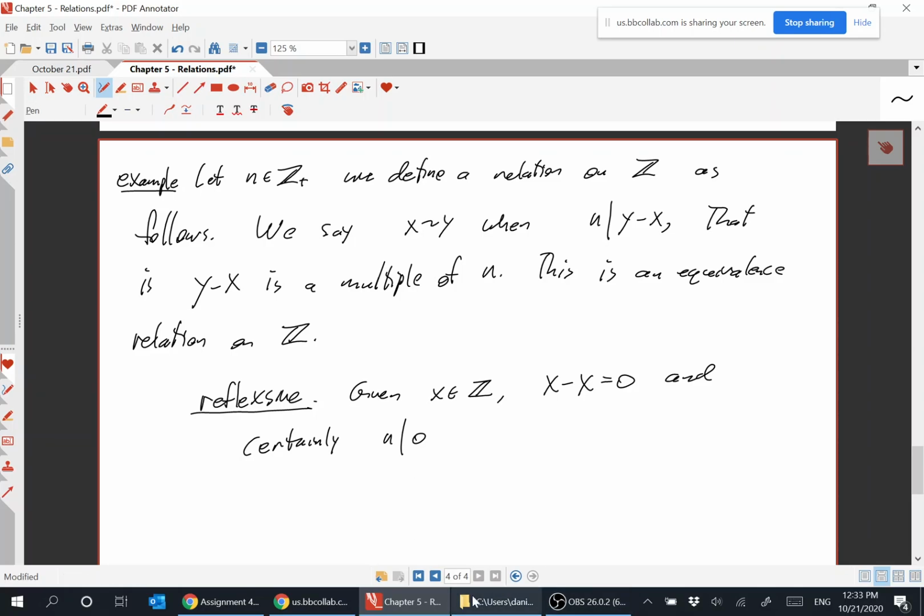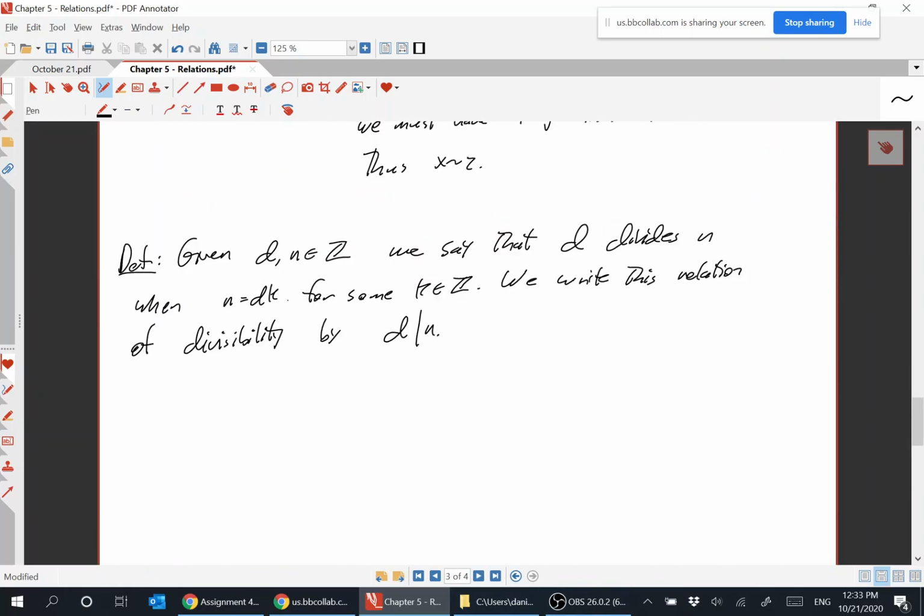What's the definition of divides? So for the definition and example, n is becoming d for this one. Sorry, I used the wrong letters.